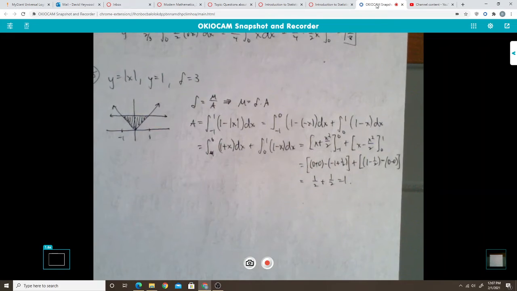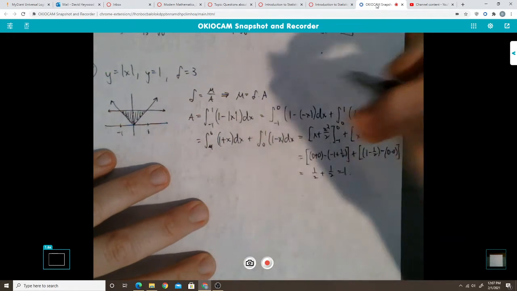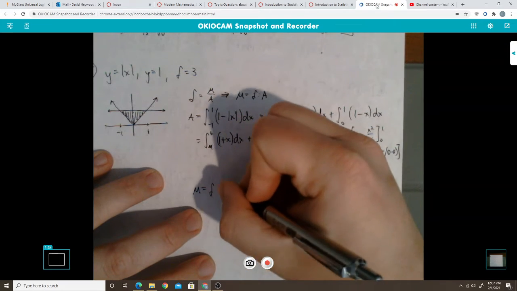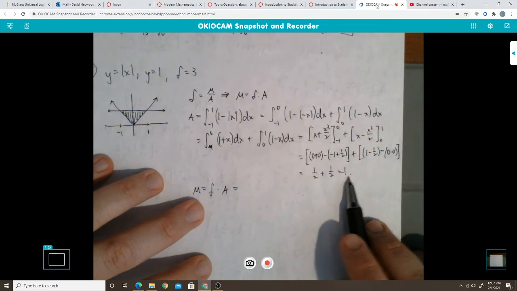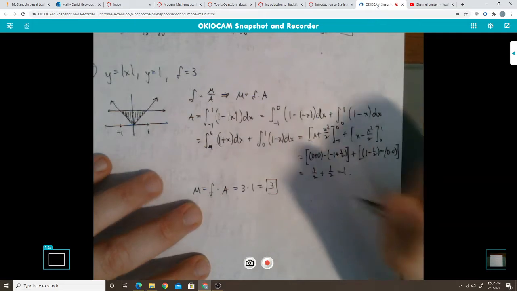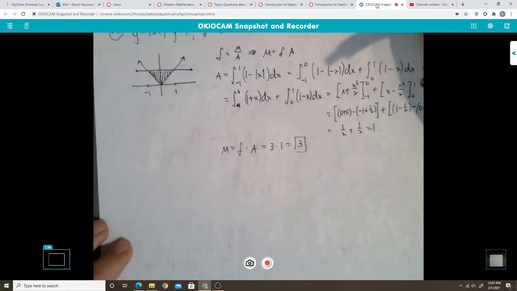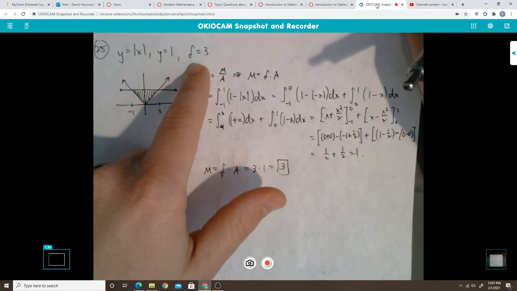So there's the area of the region. That means the mass of the lamina, delta times A, is going to be 3 times 1, which is 3.